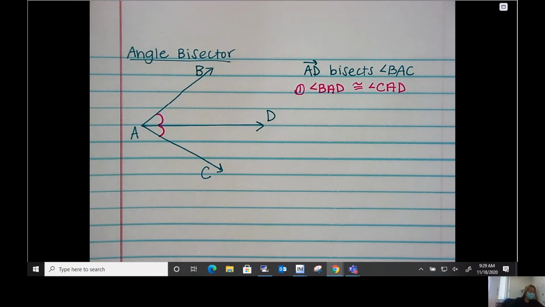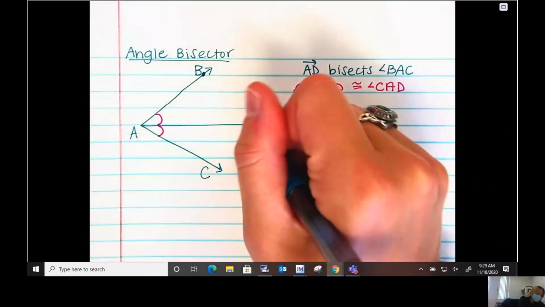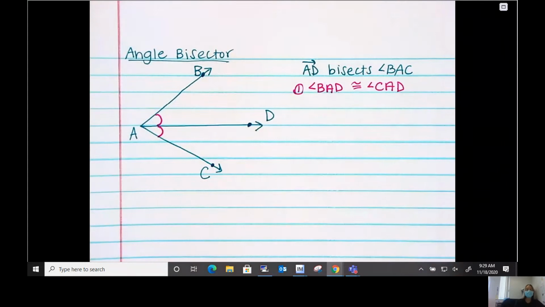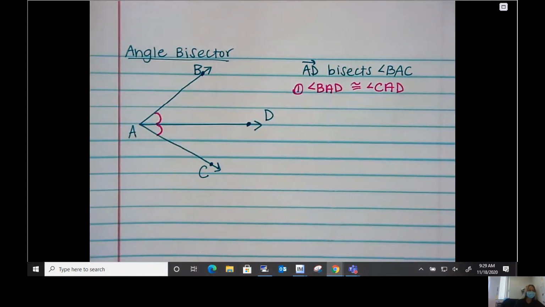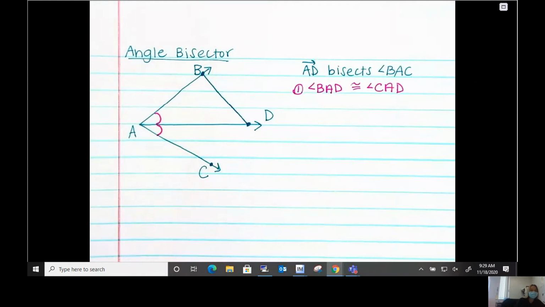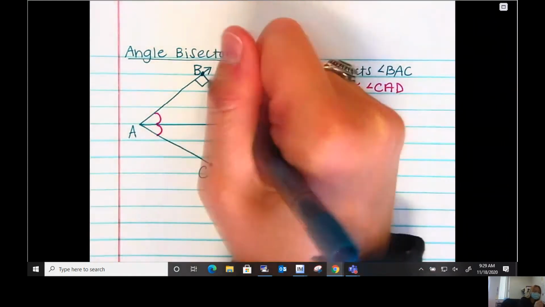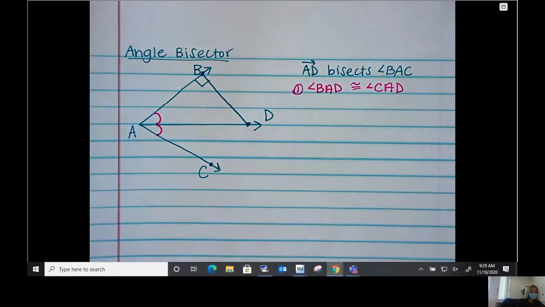And then there are two more parts that happen in this picture. Because it is a bisector and it is perpendicular, it creates 90-degree angles. So from B to D, that will create a 90-degree angle.